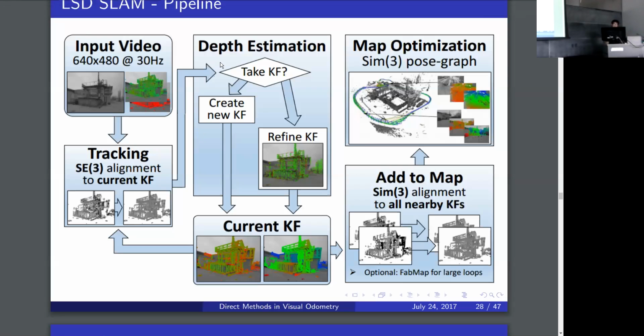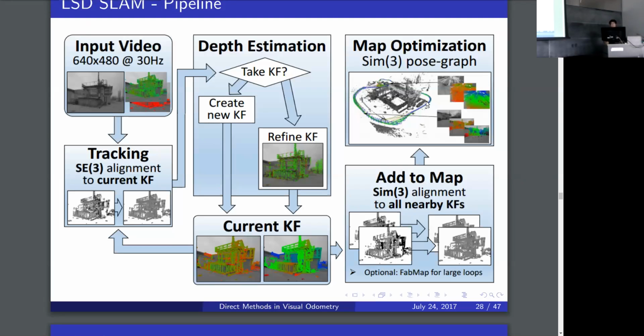Whereas LSD-SLAM tries to take keyframes based on how far the current frame has deviated from the current keyframe. And when we're optimizing for the map, instead of optimizing in SE3, we're optimizing in Sim3 to put that scale value inside the map.